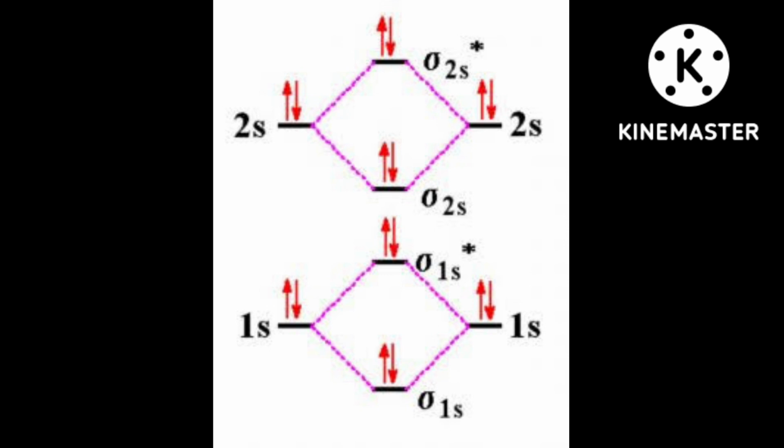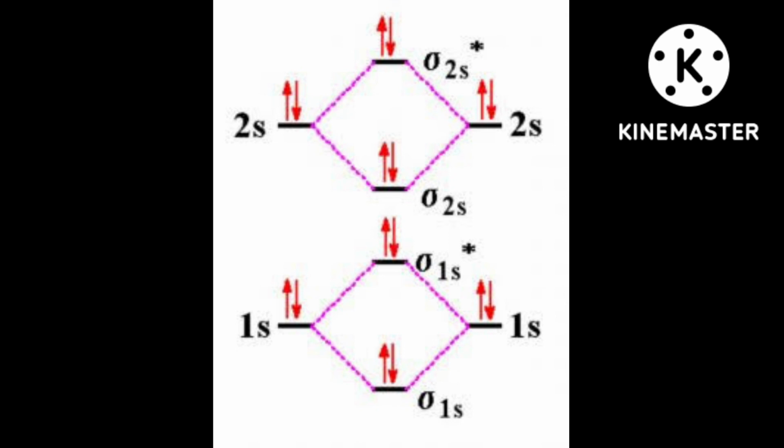First they will enter the sigma, then the anti. Keep this in mind. Sigma 1s is lower in energy, sigma 1s is less than anti-sigma 1s. The 1s is completed.